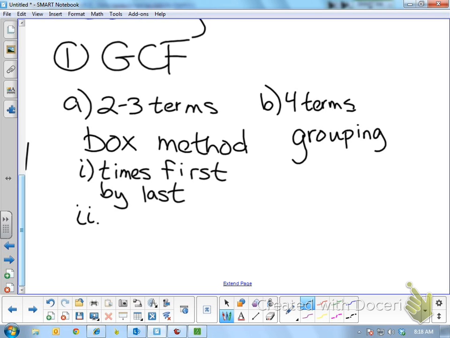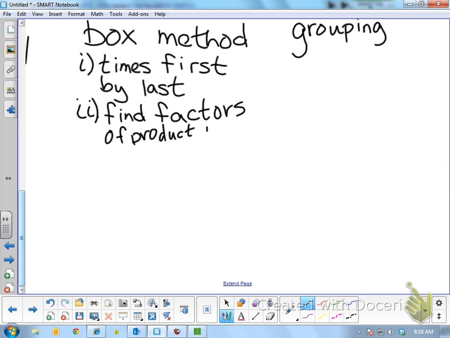We found factors of the product that add to the middle term. Sometimes there is no middle term.